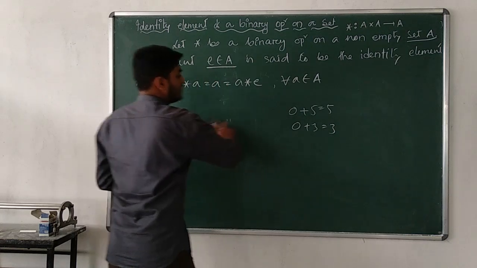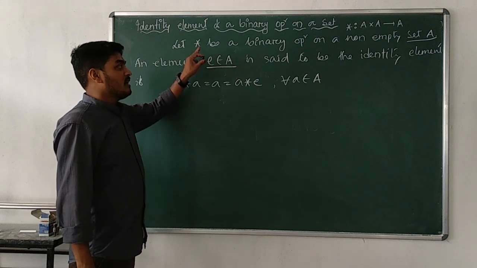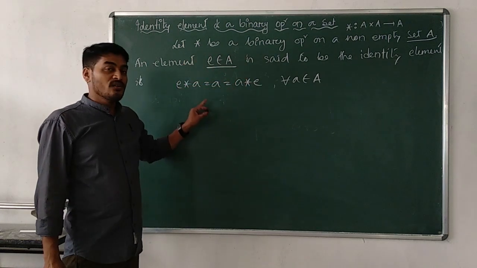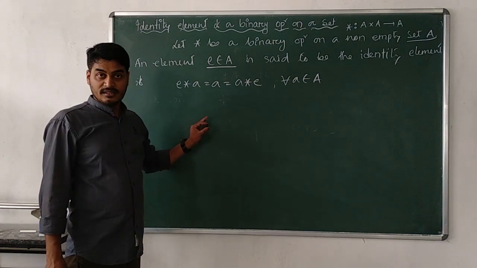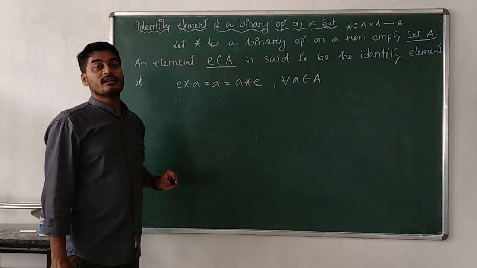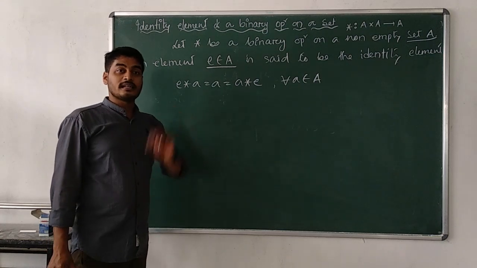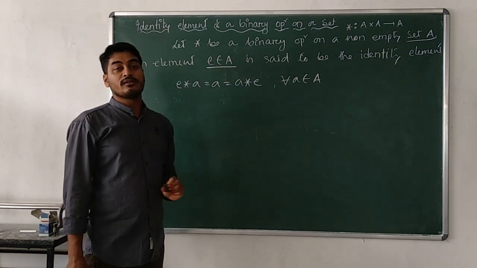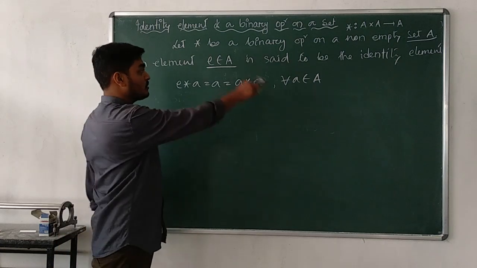So in this way we can find out the identity element for any operation if an operation and a set are given to us. The identity element may or may not exist. For example, for addition the identity element is 0, but in case of natural numbers 0 is not an identity element. Correct? 0 is not a natural number, so for the addition operation, the natural number set has no identity element. That means if any operation and a set are given to us, an identity element may or may not exist. If it exists, then it is always unique. To be an identity element, what is the condition to be satisfied?